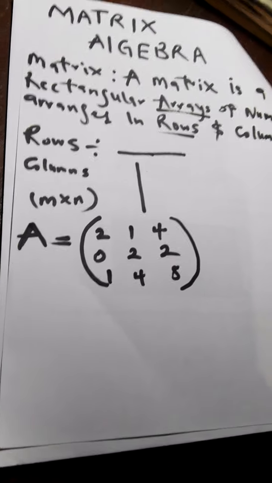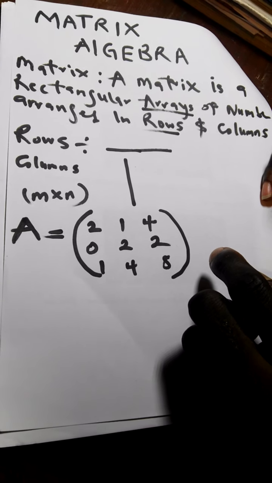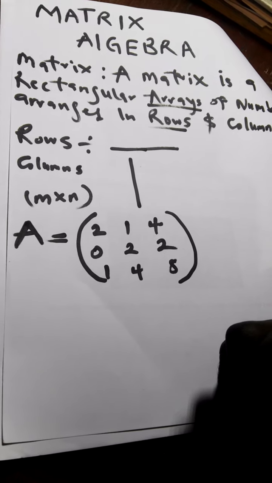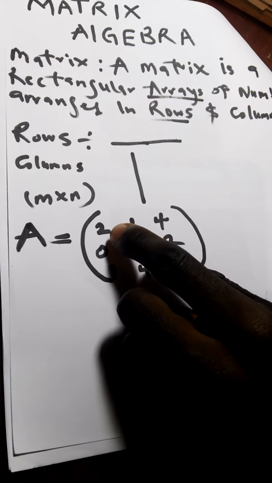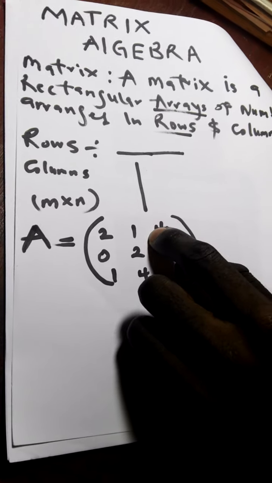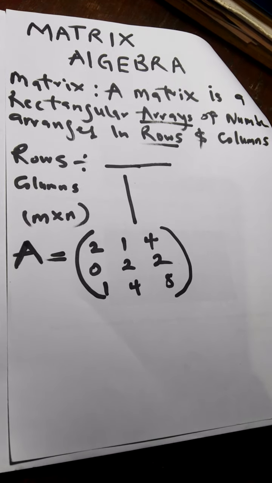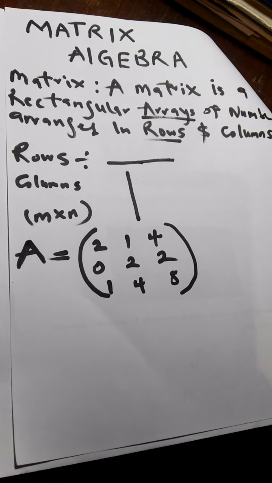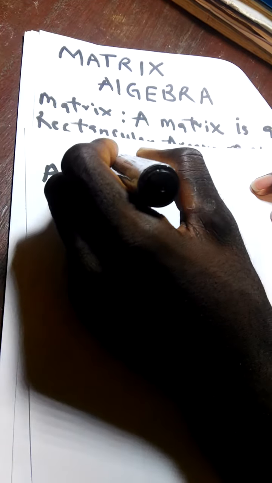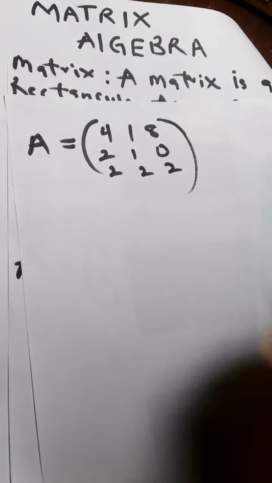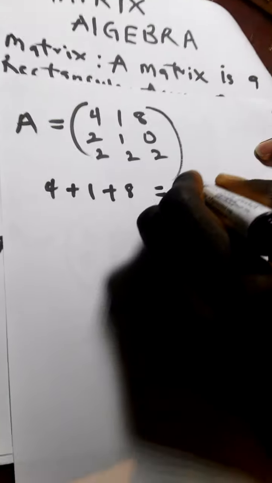Now, note that a matrix has no numerical way of adding it like this, a single matrix. You cannot add it like saying 2 plus 1 plus 4, except if it is defined. Let me make it clear. When you have a single matrix like A equals 4, 1, 8, 2, 1, 0, 2, 2, 2, you can't just add it up like saying 4 plus 1 plus 8 equals 13.